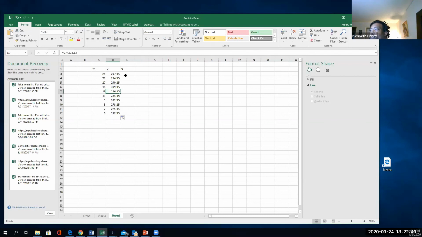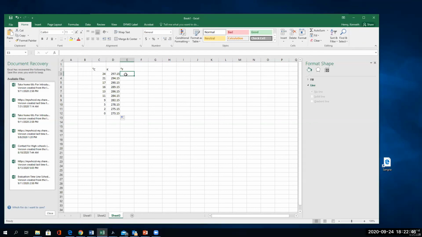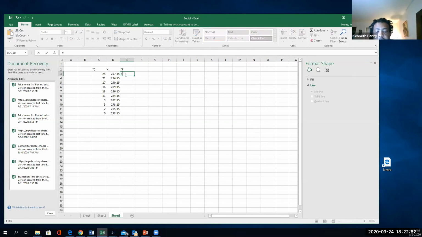Okay, what is the equation for changing from Celsius to Fahrenheit? It's 9/5 degrees Celsius plus 32. Okay, so you said 9 divided by 5, and that's usually multiplied by our Celsius, and you said plus 32.